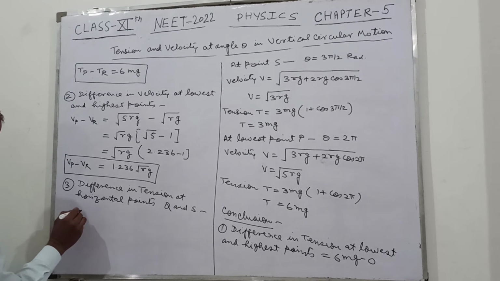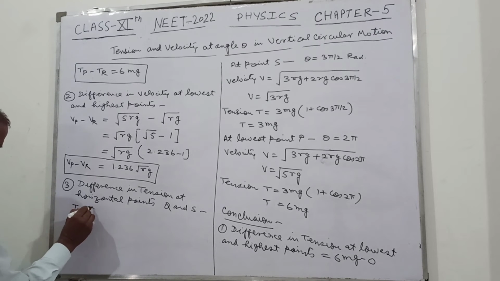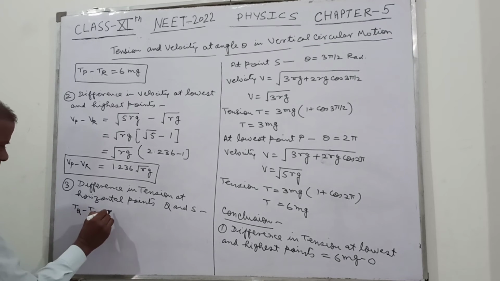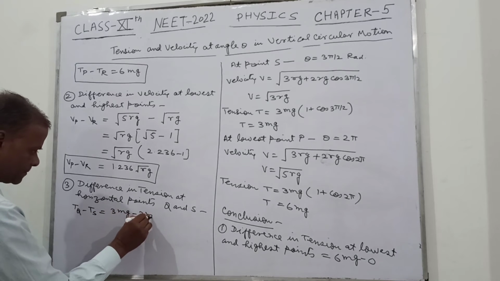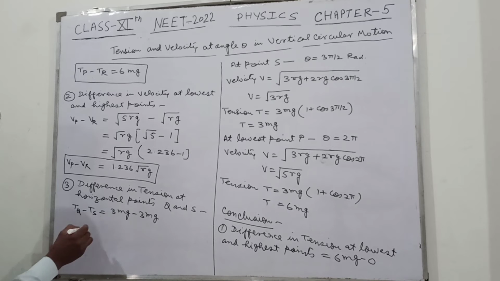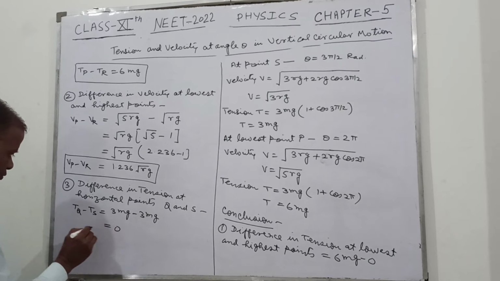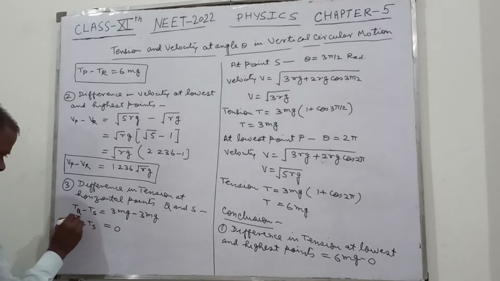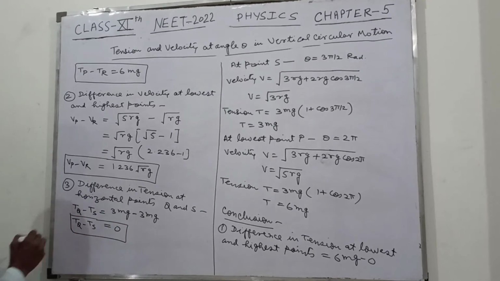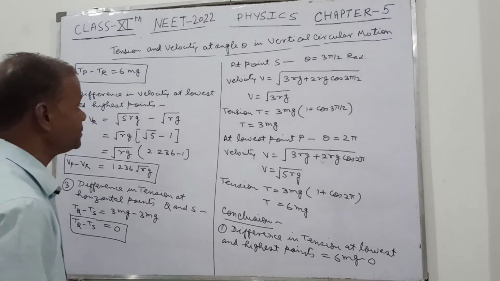This delta T is now your T Q minus T S. This is equal to your 3 mg minus 3 mg. So this is equal to how much? 0. T Q minus T S. Similarly, difference in velocities.